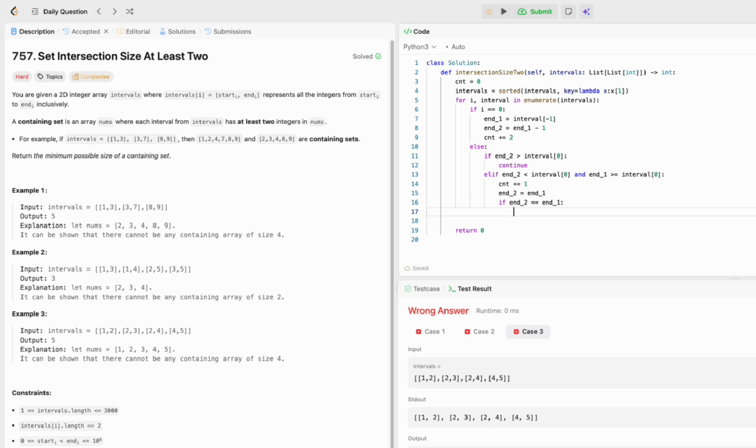However, in here we want to get 2 numbers, it always remains 2 numbers. So that's why if the n1 is equal to n2, so in here we need to assign n1 equal to interval of minus 1, right? And if n2 is equal to n1, it should be n1 minus 1.